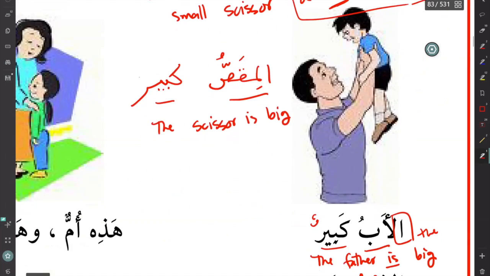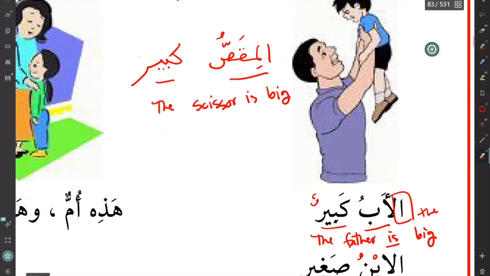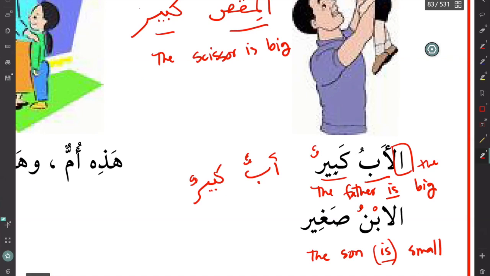Okay, this is exactly what's happening here. If I say ab, so abun kabirun, as you can see, I removed the alif lam, so I put back the tanwin, abun kabirun. So what's going on? This becomes your adjective phrase. You're going to say, a big father.